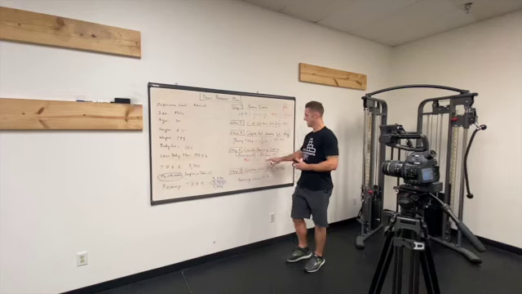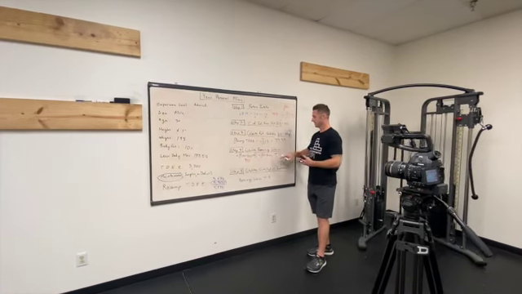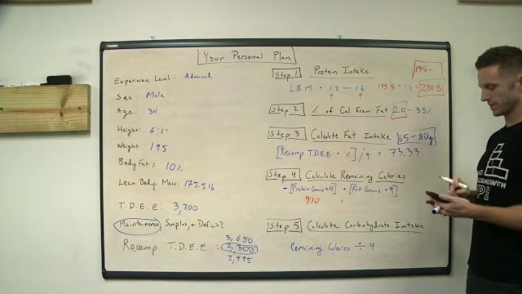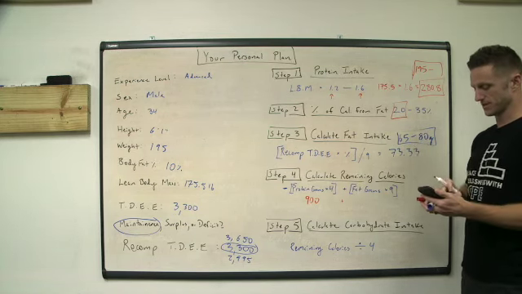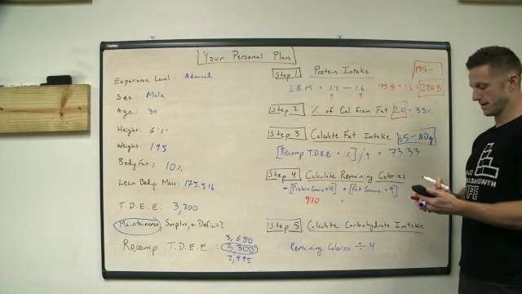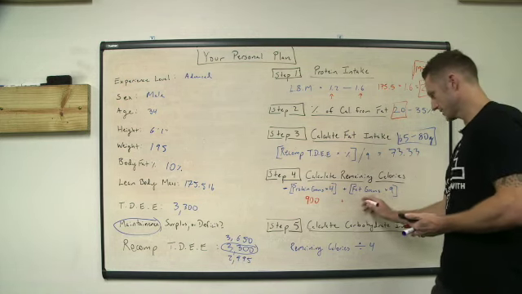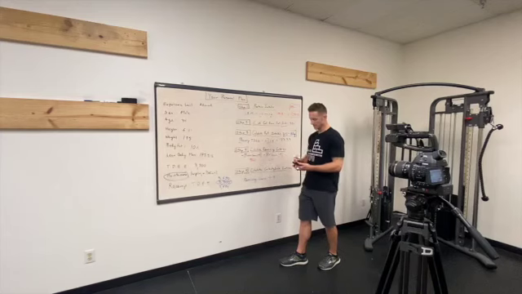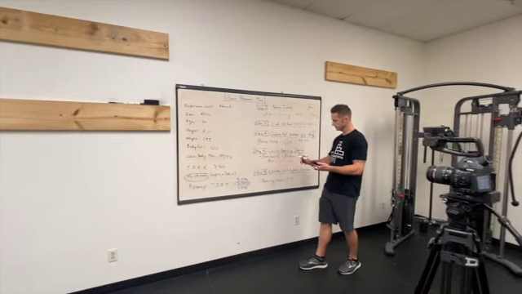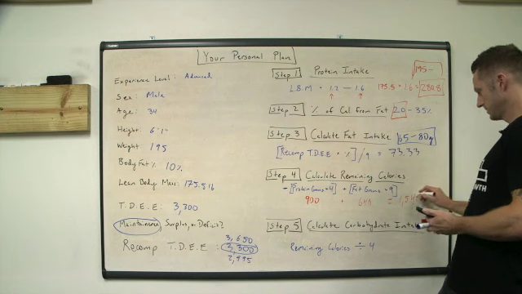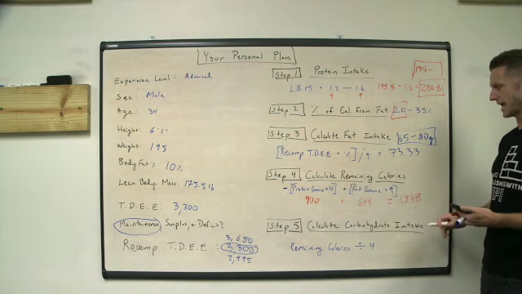Okay, now I need to pick a fat gram and multiply that by 9. So I'm going to split my range down the middle again. I'll go to 72 grams and I will multiply that by 9, which gives me 648 calories. Adding these two together gives me a total calorie count of 1,548.